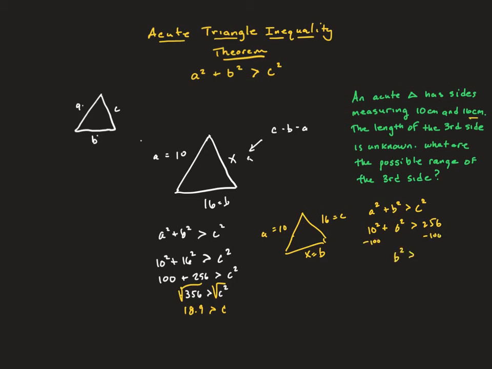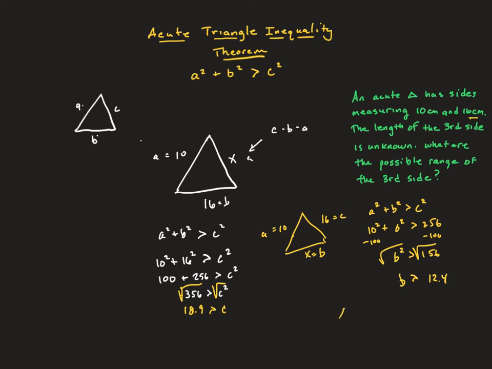So B squared is greater than 156. Take the square root of that, and B is going to be greater than the square root of 156, which looks like 12.4.